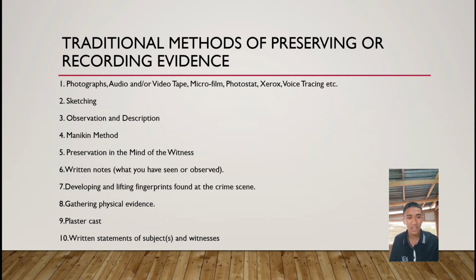Second one is sketching. If no scientific apparatus to preserve evidence is available, then a rough drawing of the scene or object to preserve is done. It must be simple, identifying significant items and with exact measurement. Third one is observation and description.